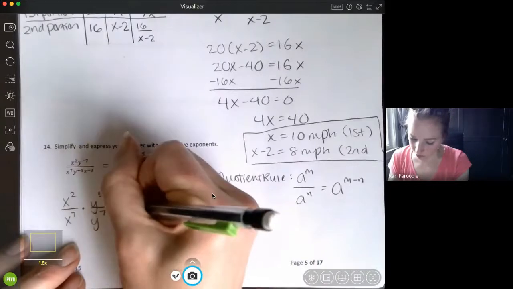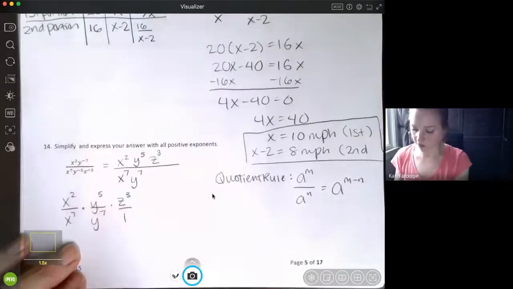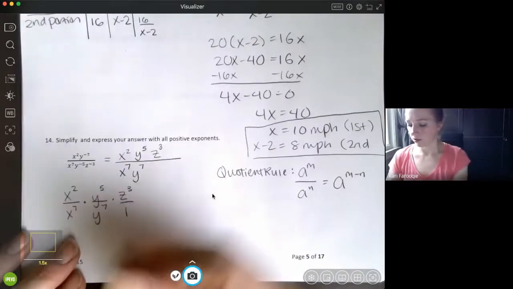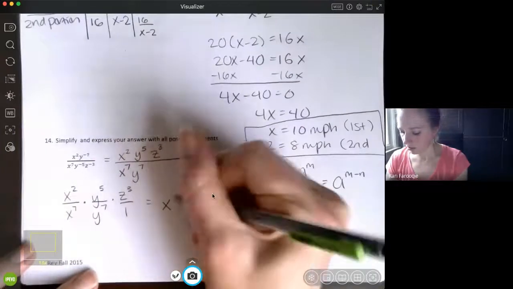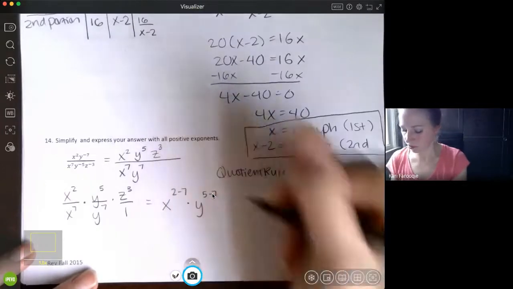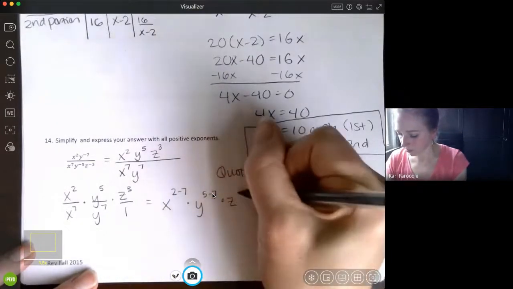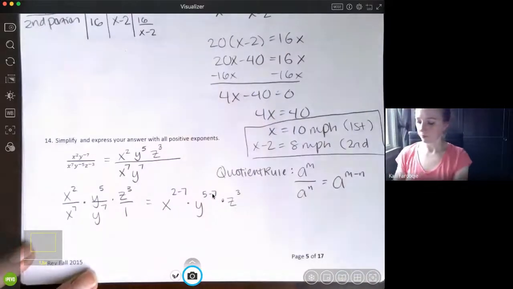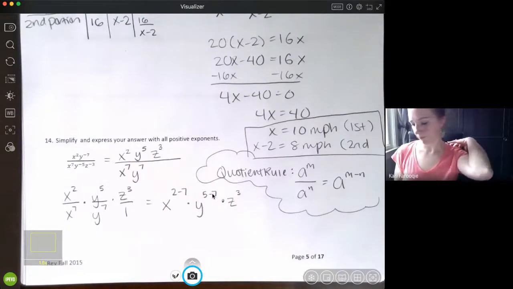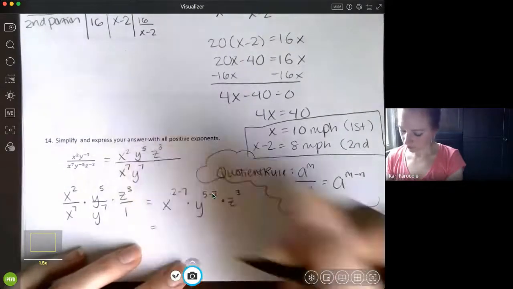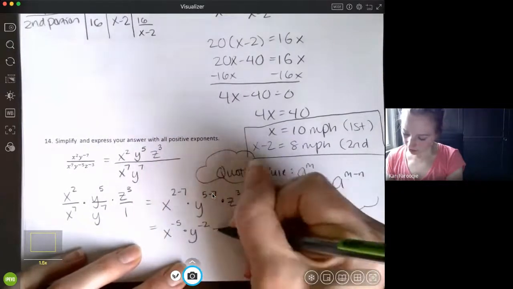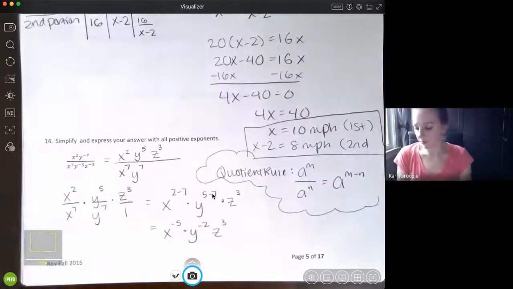You don't have to do this, but you might find this looks easier for you if you're planning on just applying the quotient rule. And then to do that, we'll have x to the 2 minus 7 times y to the 5 minus 7 times z cubed. And then we'll simplify. X to the negative fifth times y to the negative second times z cubed.